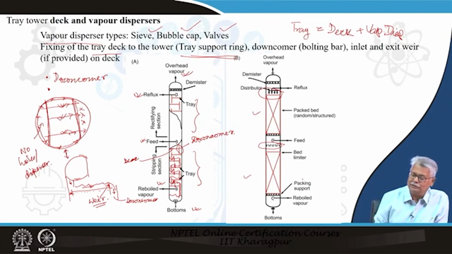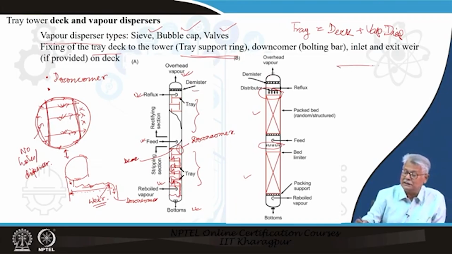It goes out from the top tray. So, what happens is, basically the liquid droplets will also get carried over, and above the top tray, even above the reflux, before the vapor goes out, what you have is a demister.